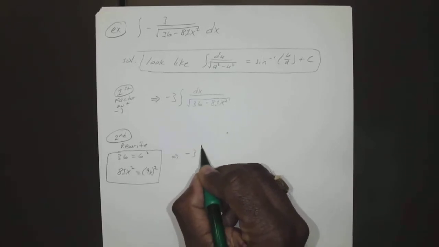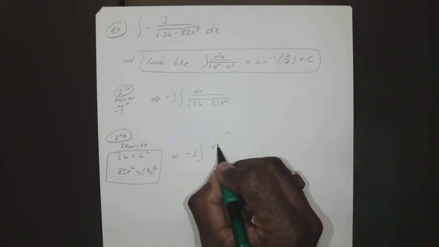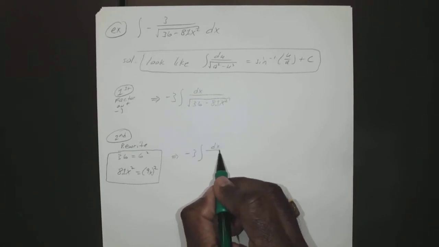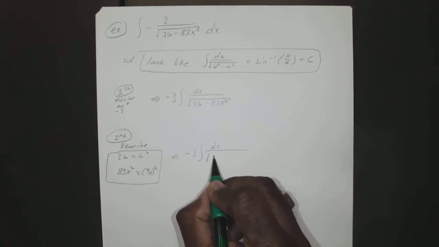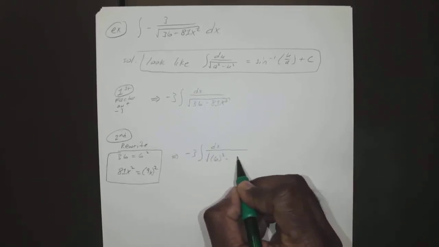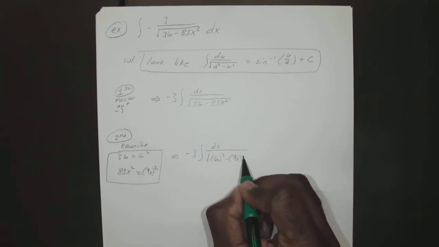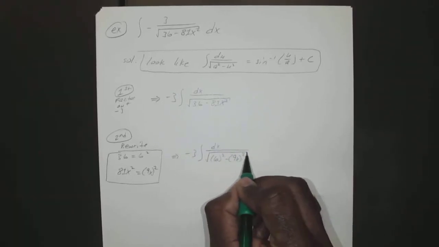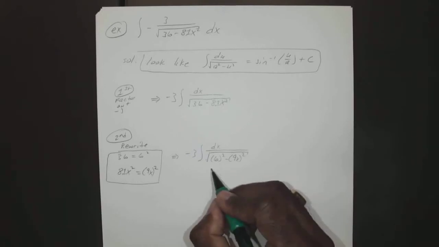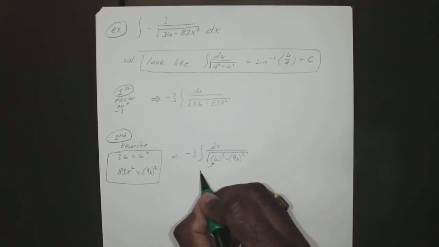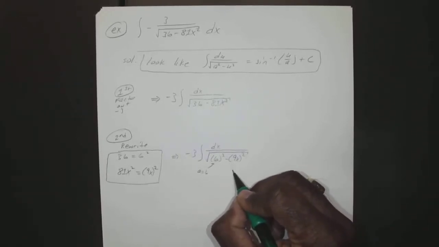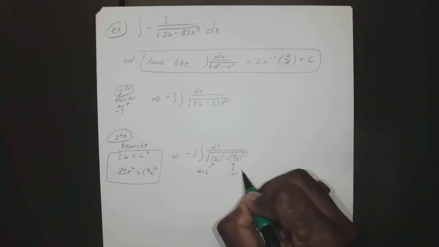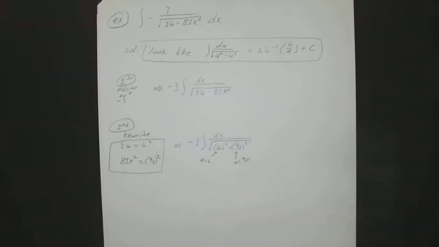So you have negative 3 times the integral of dx over the square root of 6 squared minus 9x squared, where your a is equal to 6 and your u is equal to 9x.